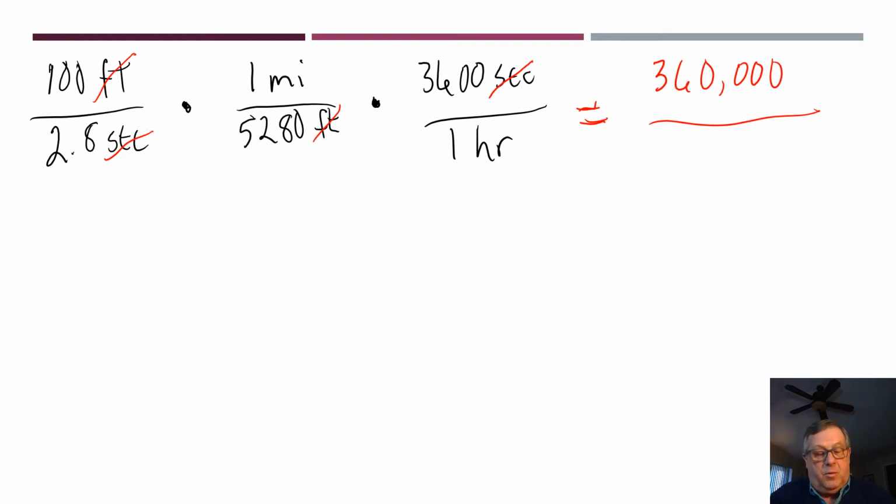Let's see. 2.8 times 5,280 equals 14,784 times 1 hour. So it's 14,784. And to finish this off into miles per hour, I'm going to divide 360,000 by 14,784. Let's see what we get there.